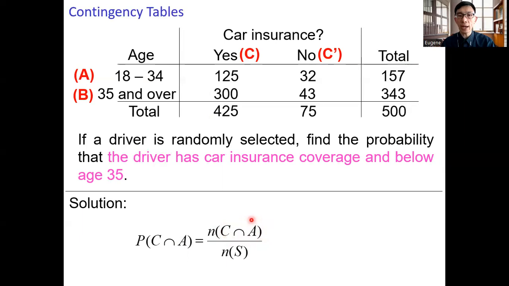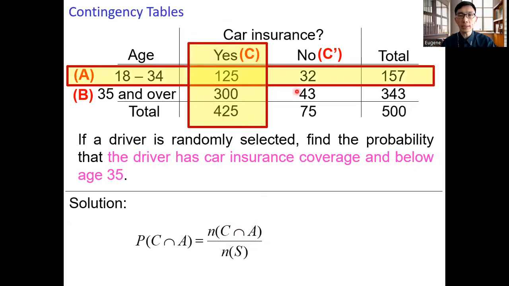So what is this value? So we have event C, and then we have event A. We need to find the intersection of these two events. So the corresponding number is 125, divided by the sample size, NS, equals 500.